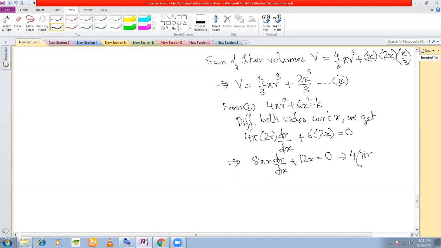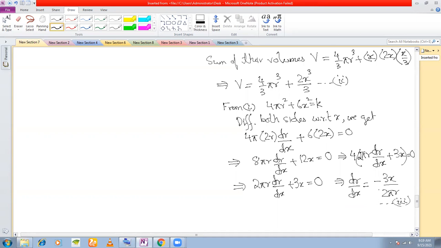You'll get 2 pi r dr dx plus 3x is equal to 0. This should be 2 pi r because there's an 8 here. That means you get dr dx is equal to minus 3x by 2 pi r. Call this number 3.